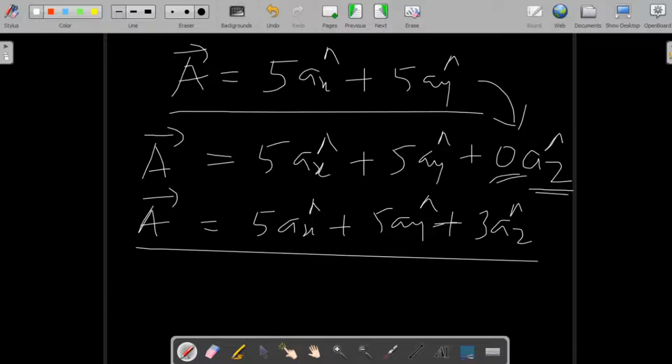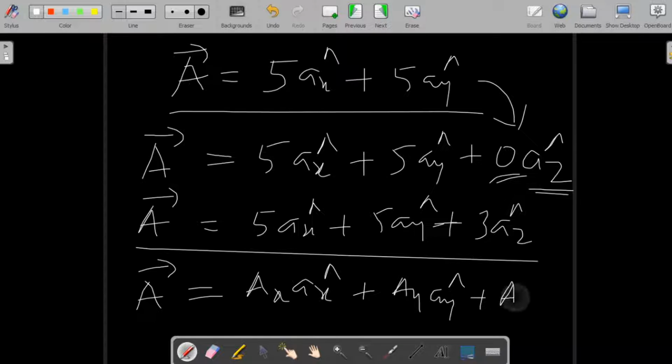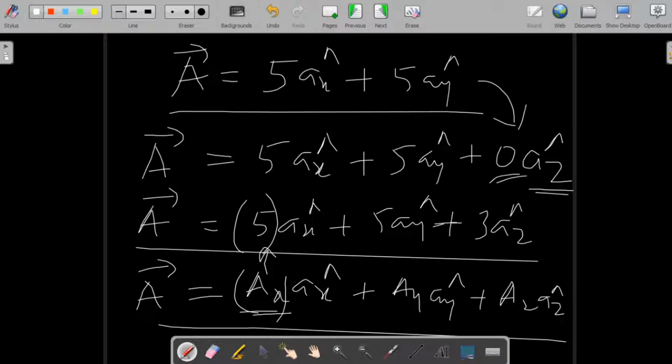Now generally I can write a vector as ax cap plus ay cap plus az cap, right? Agree? No harm, because this ax represents 5. This ax is just a representation of magnitude. This is just a value, a scalar.